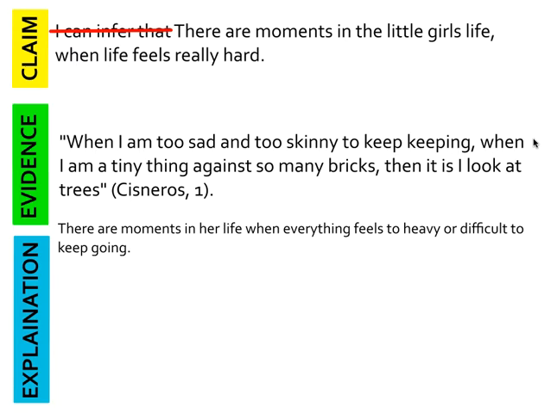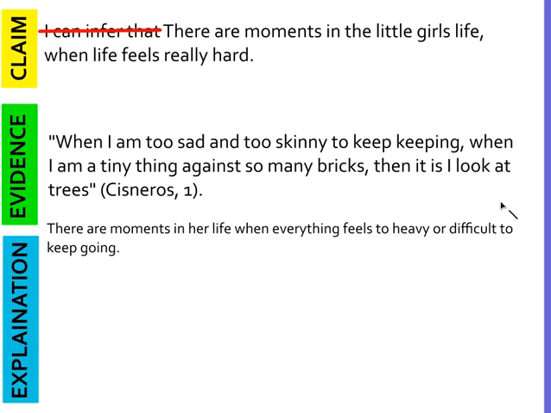So now that I've explained my evidence in my own words, I need to choose the specific clues in the evidence that really support my inference, that made me think that inference was true. So the clues that I'm going to really talk about today, I was really struck by this "too sad," when she feels like she's too sad or too skinny, right, to keep going.